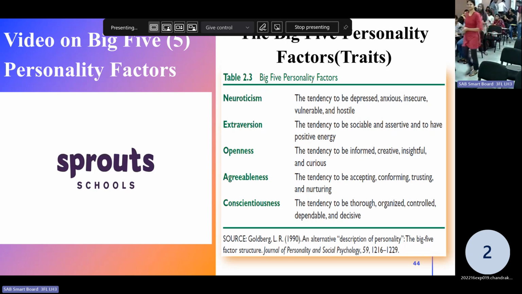Read this question. Look for the answer.